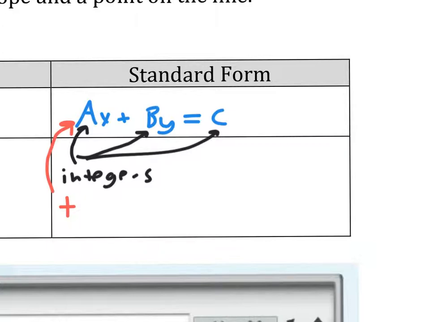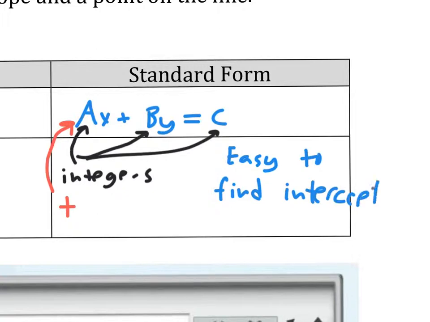Now, what is nice about this, what's one characteristic about this, is that it helps us to find the intercepts easily. So, easy to find intercepts. Yesterday we practiced finding intercepts with this.